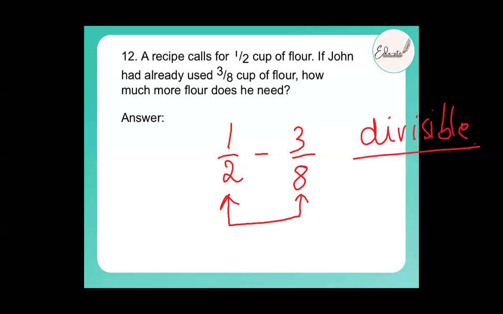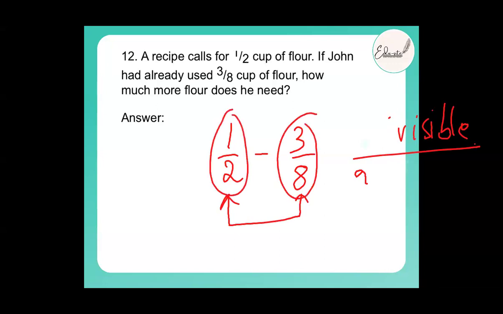Now you are going to check the denominator, whether they are divisible in each other's table or not. 2 times 4 is 8. Yes, excellent.